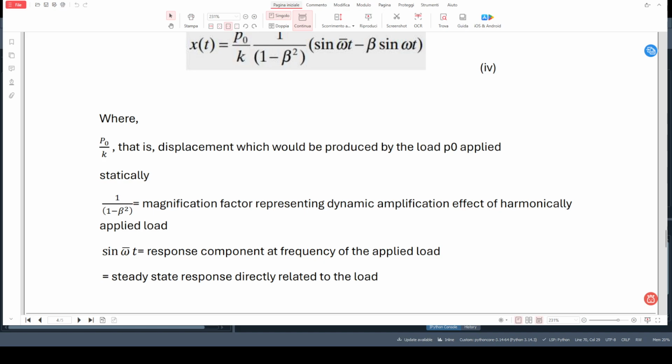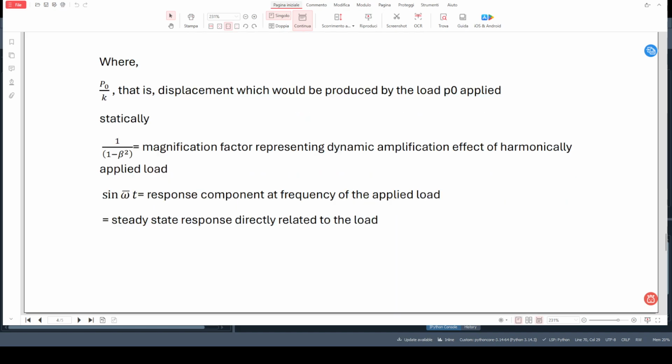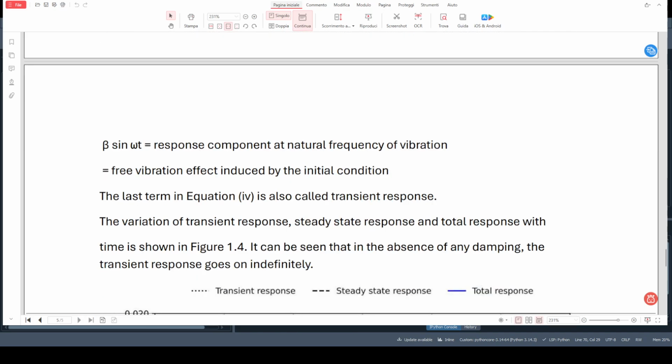Sin(omega bar t) is the response component at the frequency of the applied load, the steady state response directly related to the load. Beta sin(omega t) is a response component at the natural frequency of vibration, a free vibration effect induced by the initial conditions.